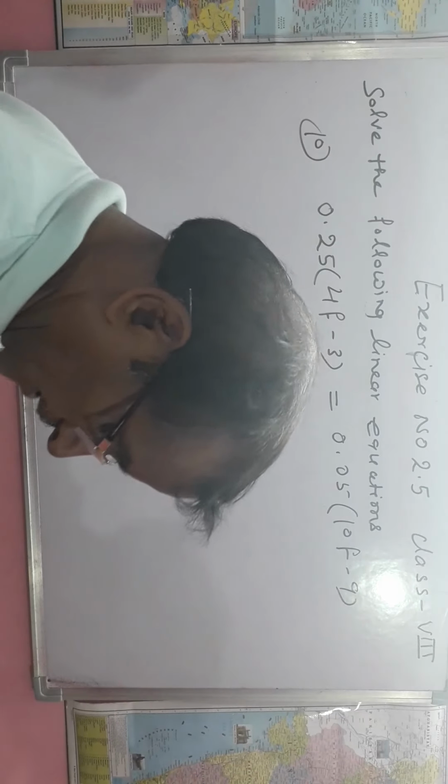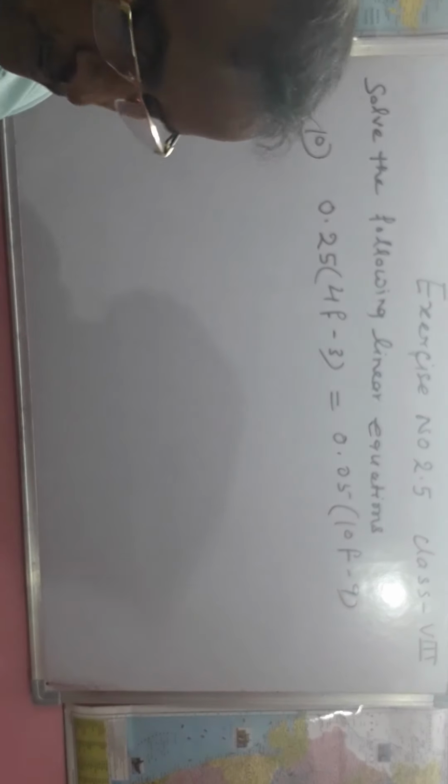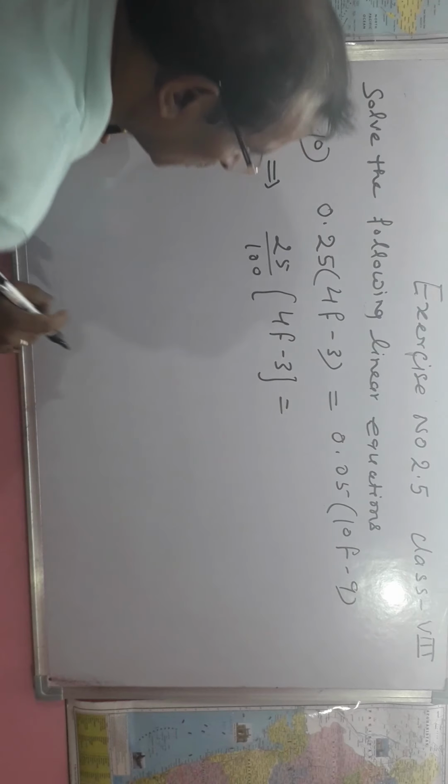Now first of all we can write this as 25 upon 100 multiplied by (4f minus 3).